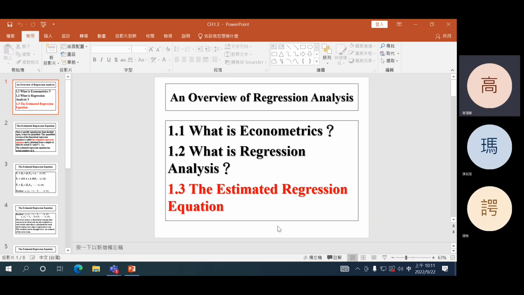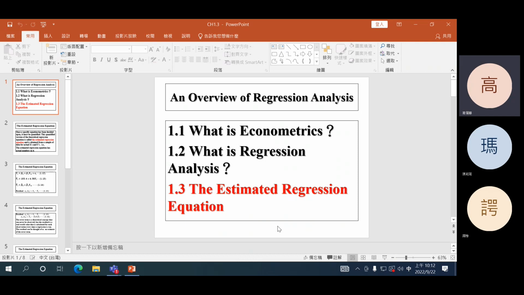If I can represent all these points as the population, the one we just explained, y equals beta 0 plus beta 1x plus epsilon, is what we call the true relationship among those points in the population.